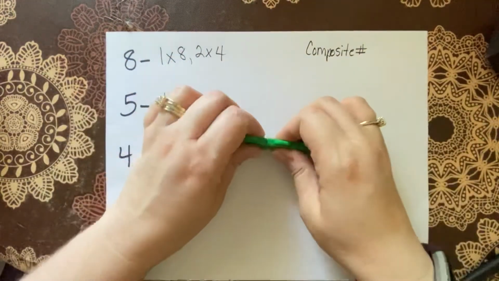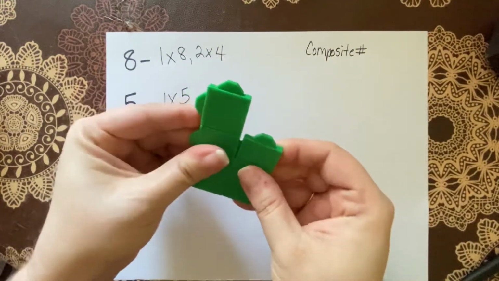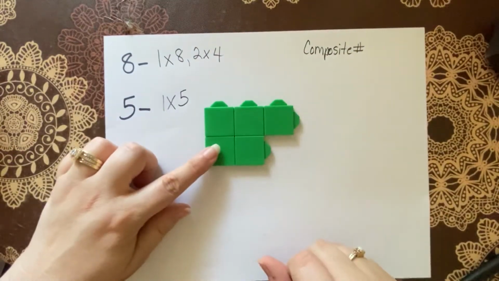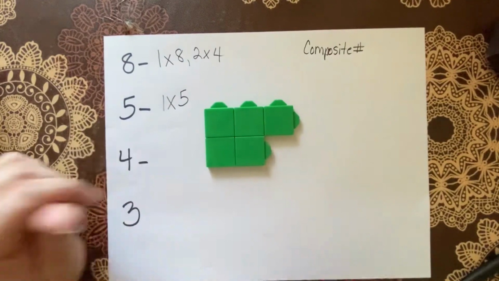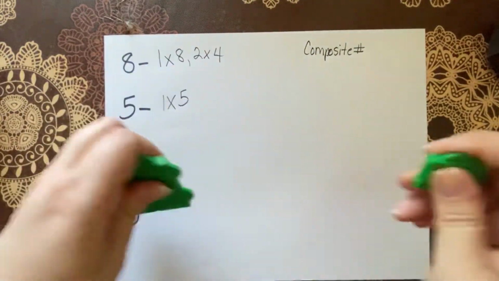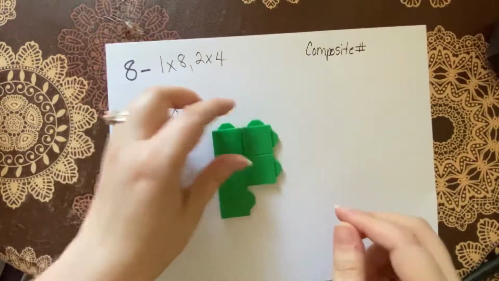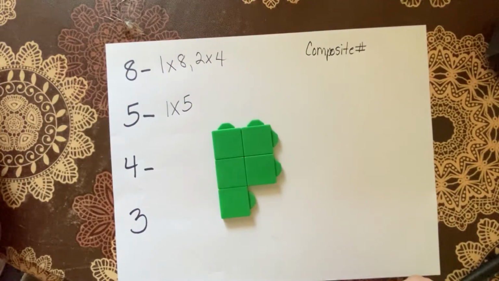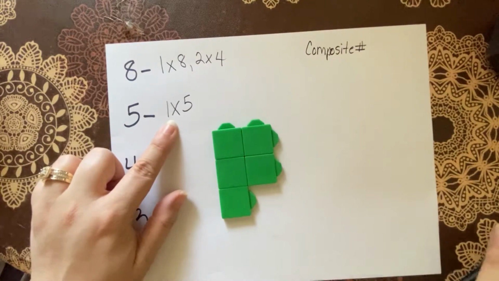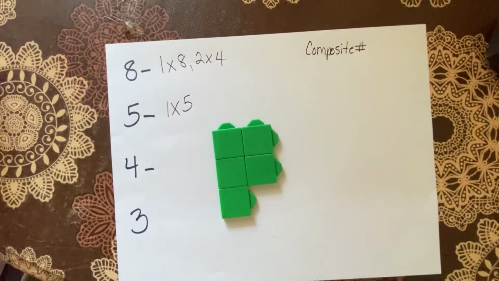Well, I was playing around with it and I was trying to see if I could make another square or rectangle. But I can't because I keep coming up with weird shapes that are not squares or rectangles. And so because of that, I only have one array. So 1 times 5 is the only array.